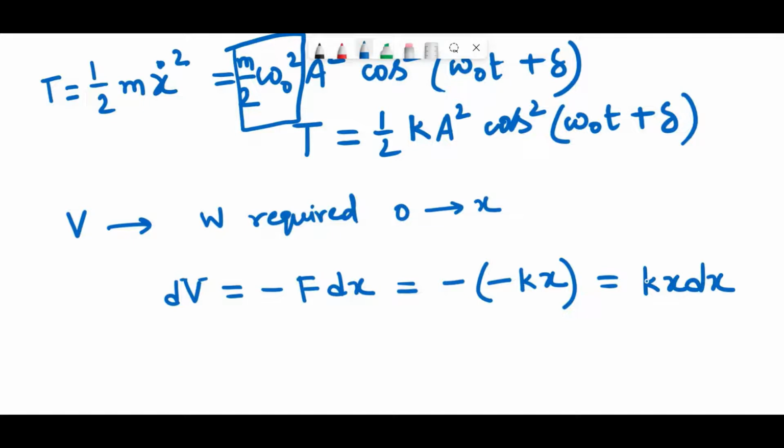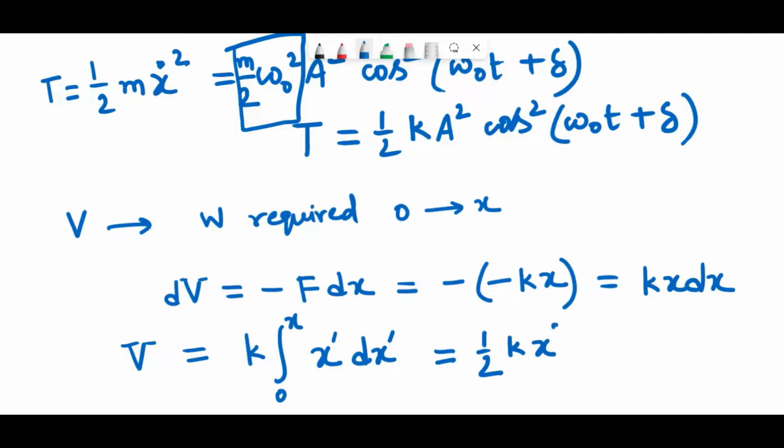So if we integrate it from 0 to x, we get k integrated over x prime from 0 to x, x prime dx prime. Of course, x prime is the variable of integration, and in order to differentiate the variable of integration from the limit, we put a prime on it, and that will give us half k x squared when we put in the limit.